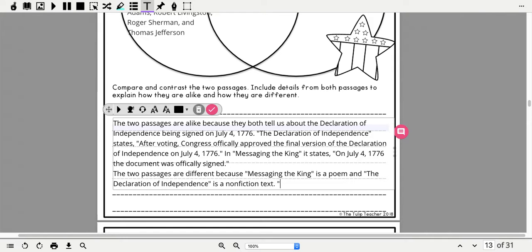So you can tell me the Declaration of Independence has a glossary and a picture with a caption, which are features of a nonfiction text.